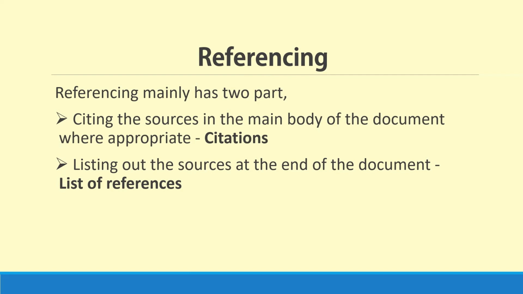When we are writing our dissertation or thesis, inside the main body of our document, soon after referring to some source, soon after stating some information we extracted from another source, we need to put a citation. A citation is a very short indication of where the information was taken from.